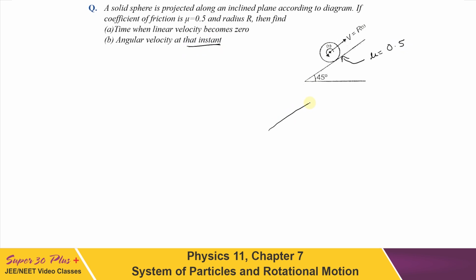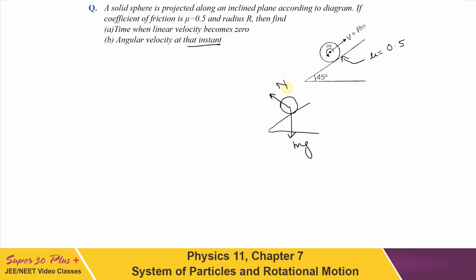First, I am drawing the FBD for this sphere. If I draw all the forces, this is mg, and normal here. Now, as you can see, the velocity of the lowermost point is not 0, and so it is not the case of pure rolling. And friction here has to be kinetic friction.